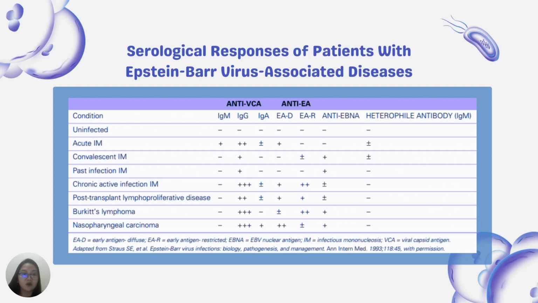In chronic active infection of infectious mononucleosis, it is strongly positive in IgG. Same with post-transplant lymphoproliferative disease, Burkitt lymphoma, as well as nasopharyngeal carcinoma. As you can see, they are highly positive in IgG, almost similar.